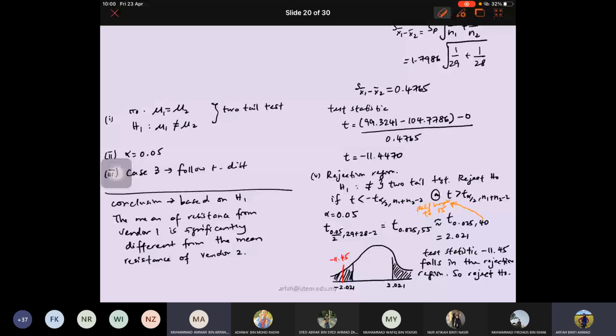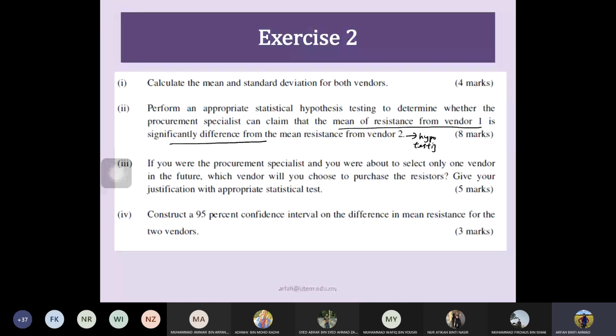Done. Okay. So question C, let's see what it says. Okay. So question C, if you were the procurement specialist and you were about to select one vendor in the future, which vendor will you choose to purchase the resistor?